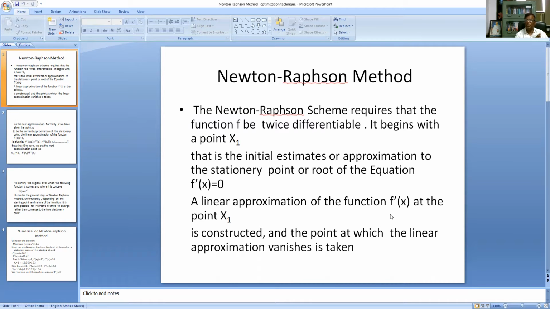be twice differentiable. Means if you are trying to apply Newton-Raphson's method on a function, then the function should have some ability so that it can tolerate twice differentiation. Means if you are differentiating first, it is giving some value. If you are differentiating again, it is again giving some value in the form of a variable.